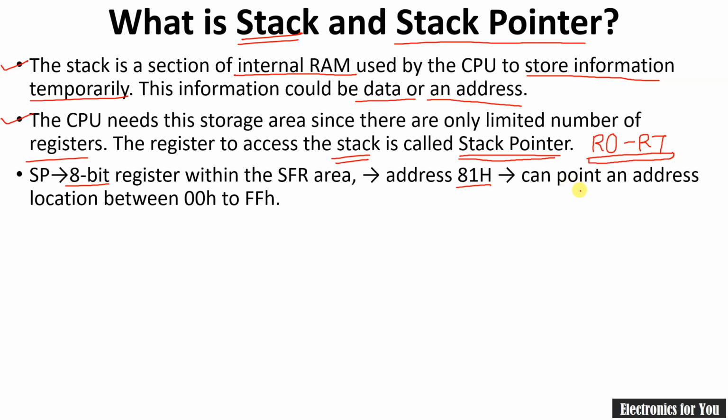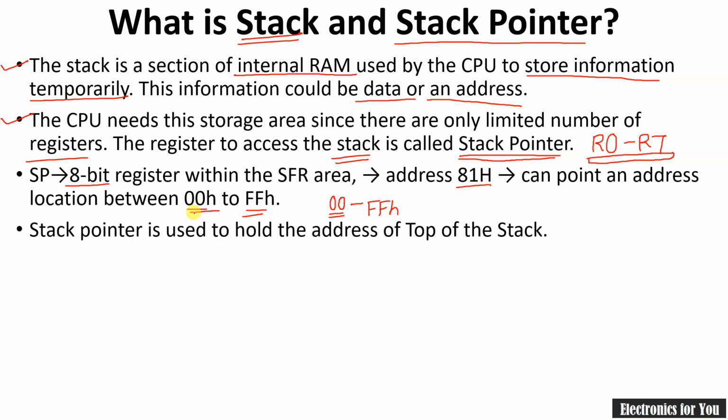It can point to any location between 00H and FFH. An 8-bit register in hexadecimal can indicate addresses from 00H to FFH, and therefore the range of memory addresses that it can access is 00H to FFH.